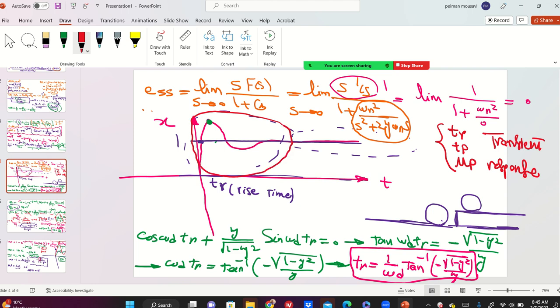But you as a control engineer, maybe your boss says, okay, design a building for me, not the car, so that after an earthquake, the settling time is for the steady state response. So settling time means that, let me show you.